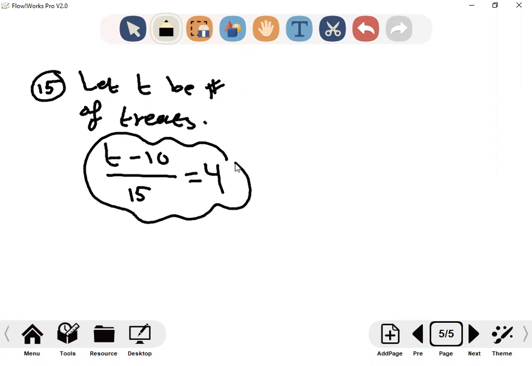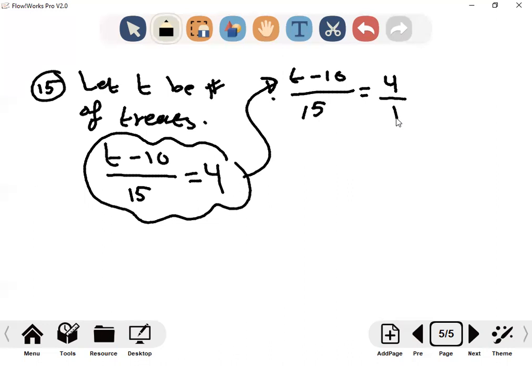Now yesterday we said we can make a cross product, right? Or multiply both sides by 15 to get rid of 15. So it's up to you. Let's do a cross product. T minus 10 over 15 equals 4, and this is over 1.